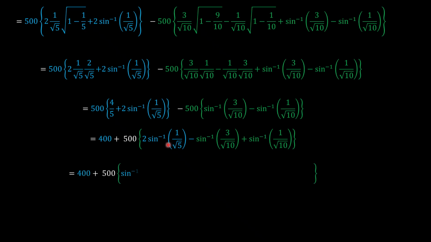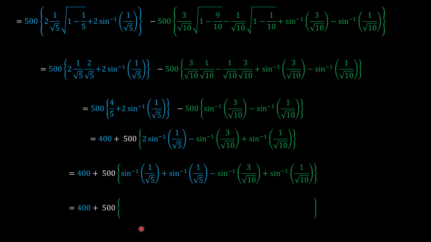The first thing I'll do is I'll split this twice arc sine 1 over root 5 into 2, and one will interact with this and the other one will interact with this. Okay, so we have 400 plus 500 times arc sine 1 over root 5 minus arc sine 3 over root 10 plus arc sine 1 over root 5 plus arc sine of 1 over root 10.